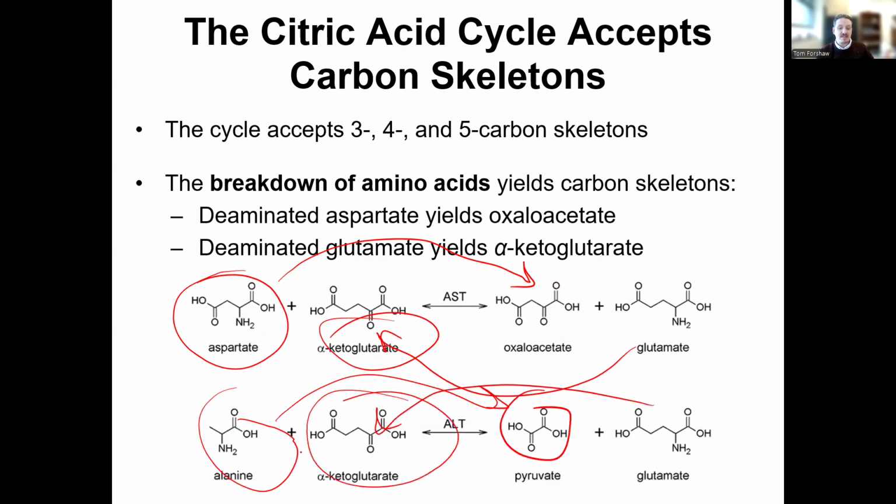Glutamate can be converted again by these various transaminases, taking the amine group and turning it into a ketone. These transaminases are some of the key things. There's lots of things that can do this. These transaminases are key things which can interconvert amino acids into various TCA cycle intermediates in anaplerotic reactions, as may be.